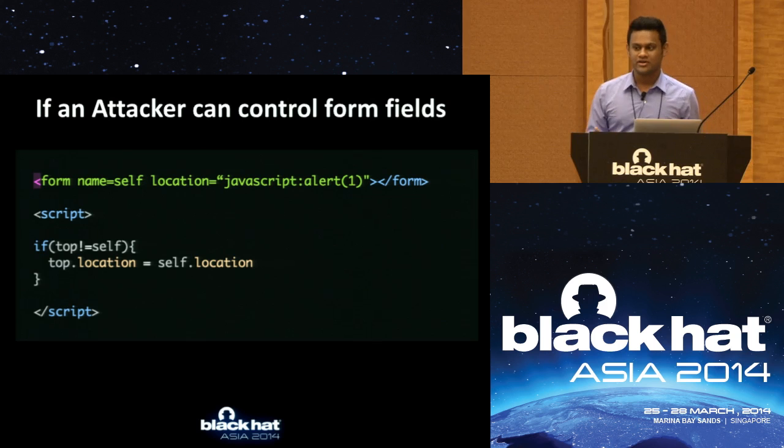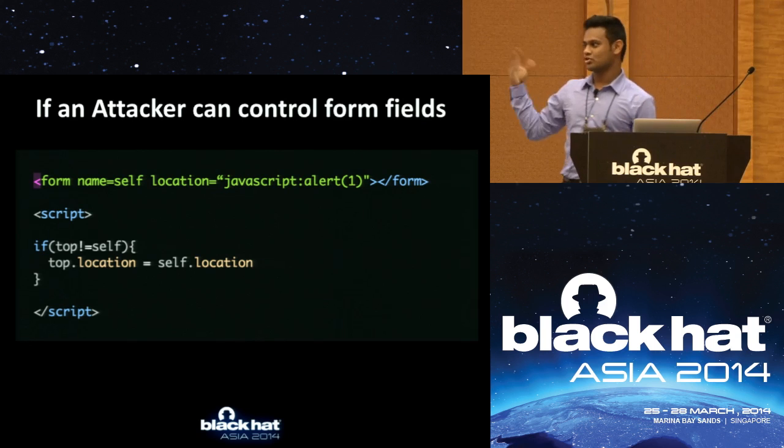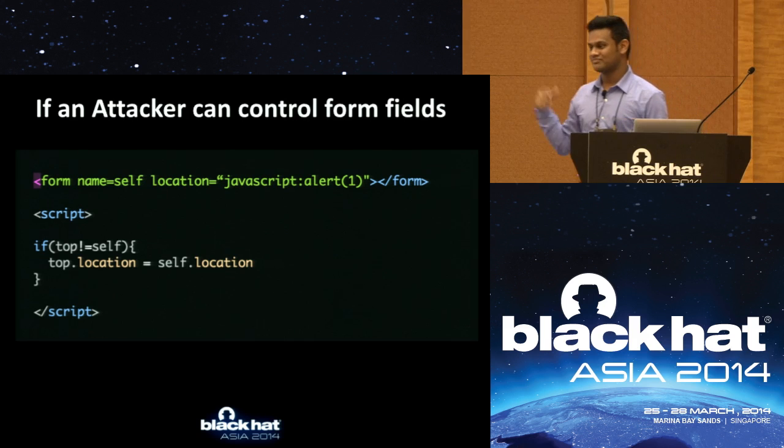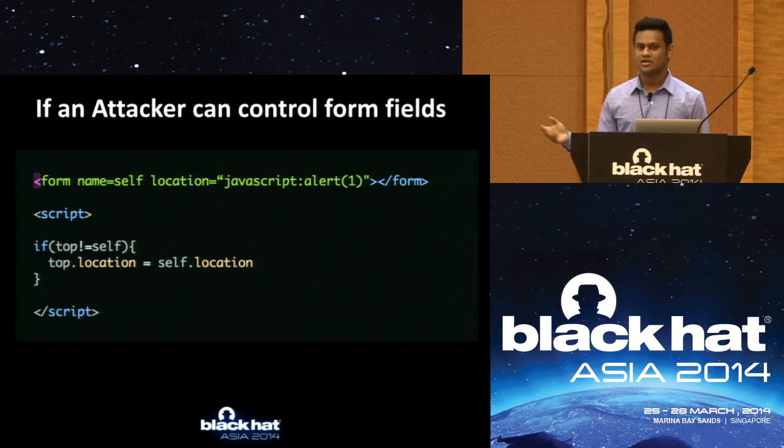Because of DOM clobbering, your self.location's value in the JavaScript environment is actually javascript:alert(1), which has replaced the self.location value. Pretty interesting. It's very bad to see that you can actually get cross-site scripting just by trying to defend with some other piece of JavaScript code.